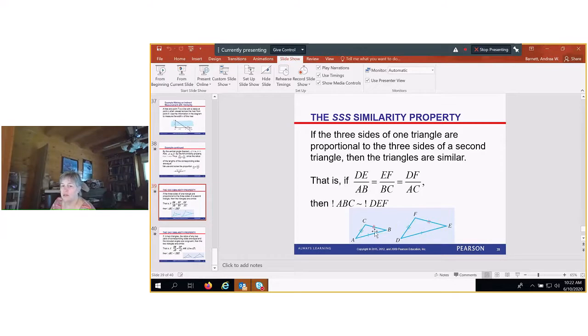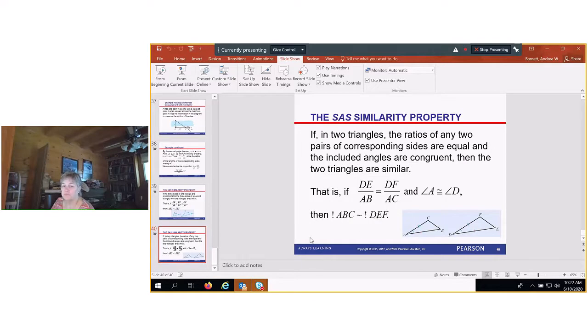So that's the same thing as that, like I said, this may be a 2 and this is a 6. And so then this may be a 3 and this be a 9. So they're all in proportion to each other. So that means that both triangles are going to be similar to each other.